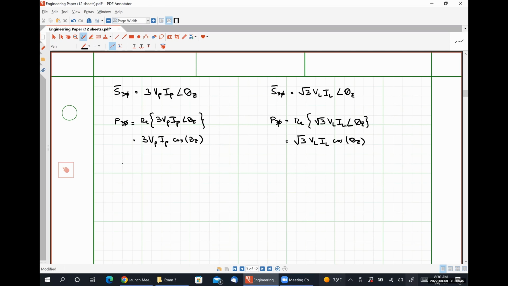For our reactive power, we're going to have the imaginary part of our complex power, which is going to be 3 Vp Ip sine theta z.